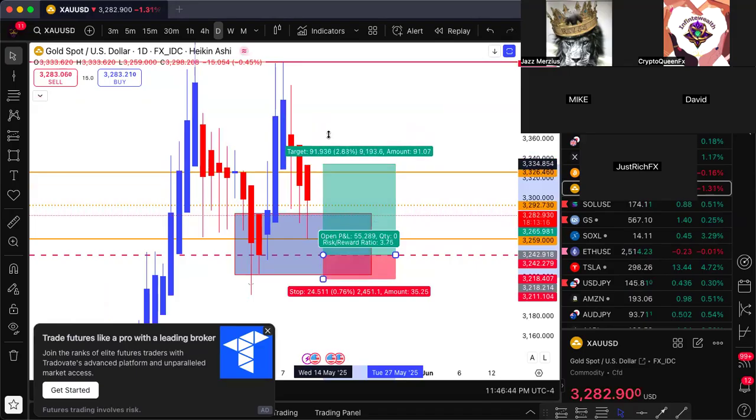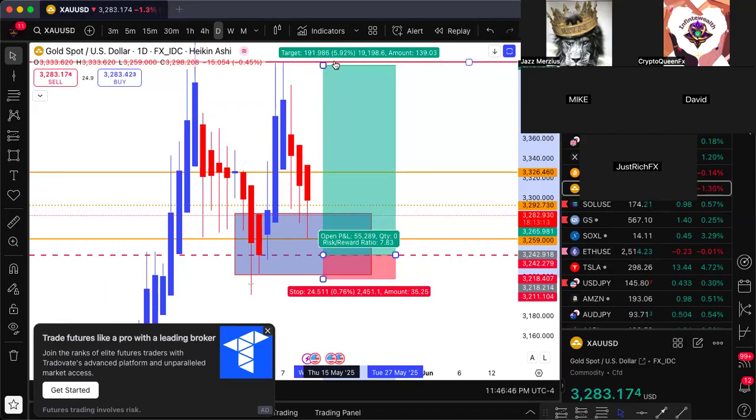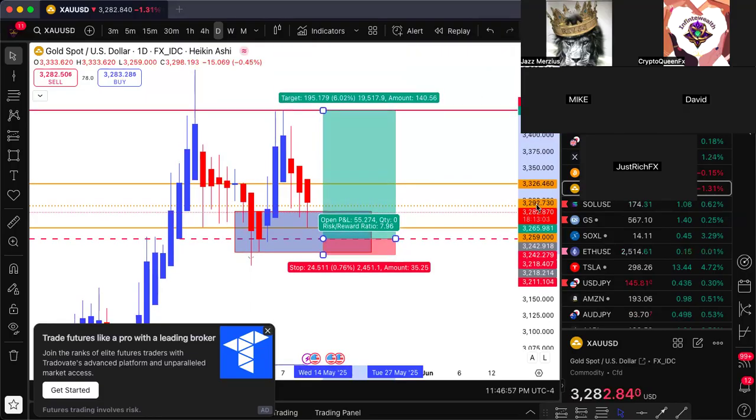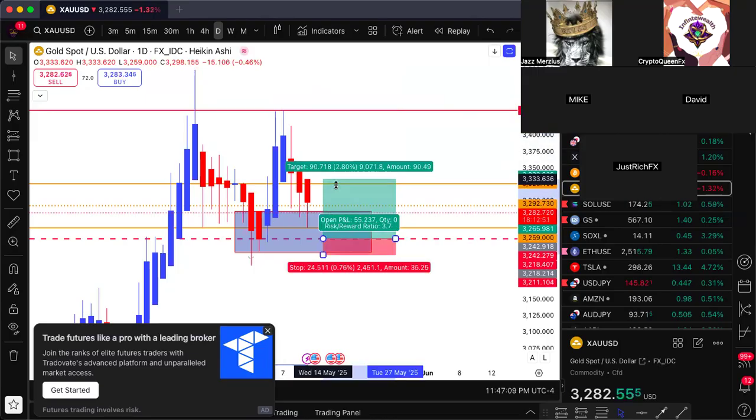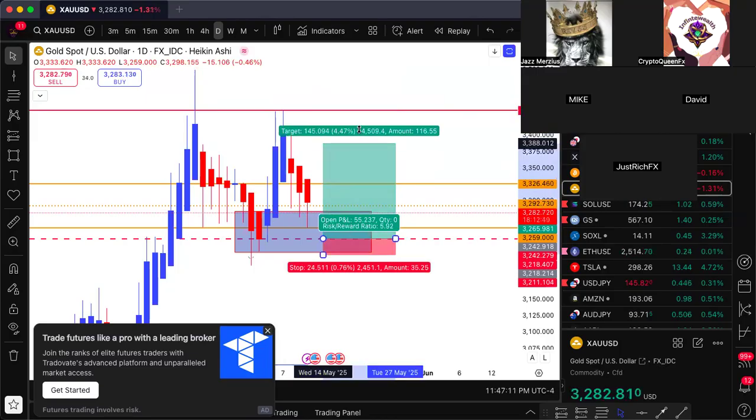And this will be a TP2 for a longer hold, retracing the previous high, which is also the monthly high for gold. So first profit will be your weekly high here. Second, here.